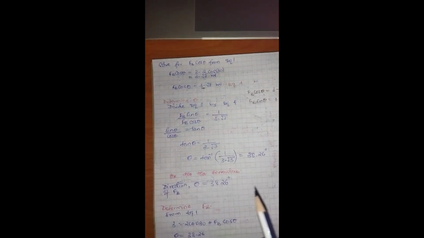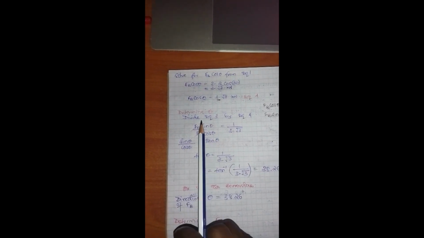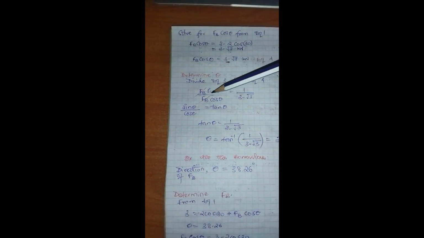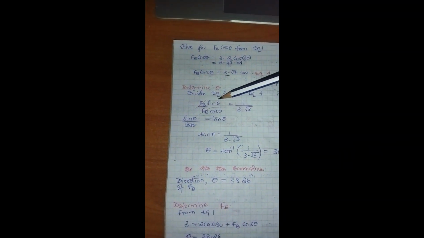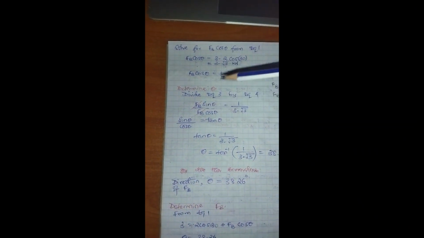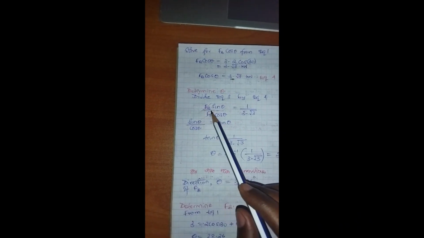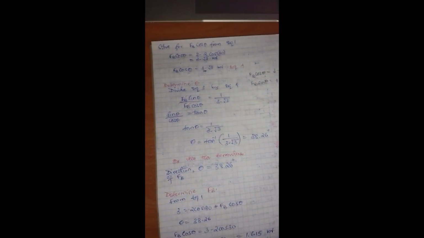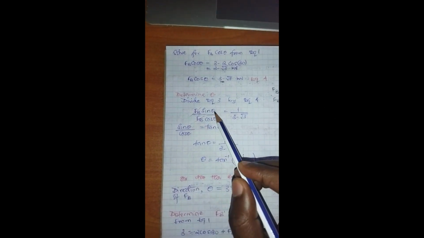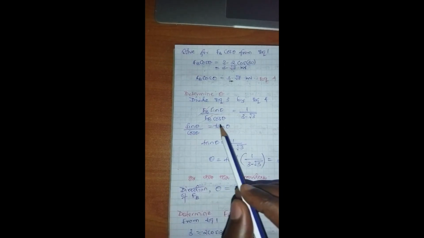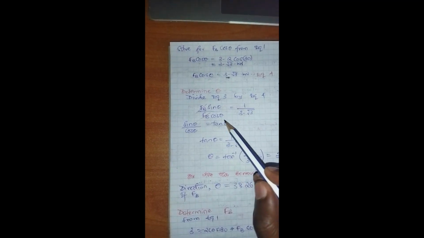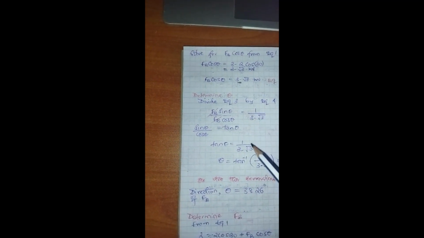I went ahead and gave you this approach whereby we just divide. We can divide equations to solve for an unknown parameter. Like for this one, we are dividing, so the FB and FB cancel. We know from trigonometry that sine theta over cos theta is equal to tan theta, and now this tan theta equals this value.